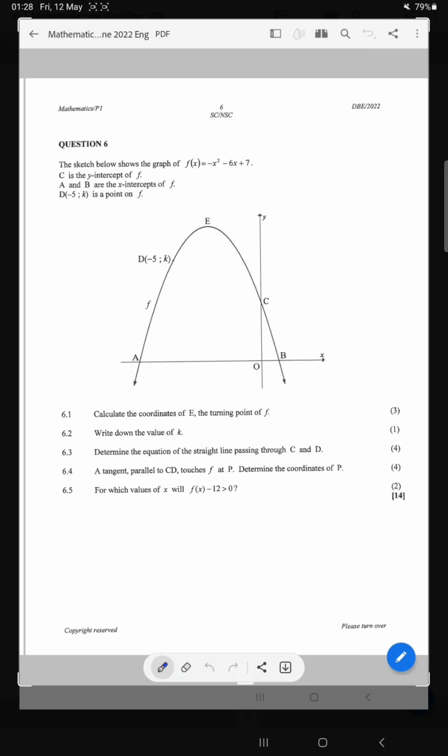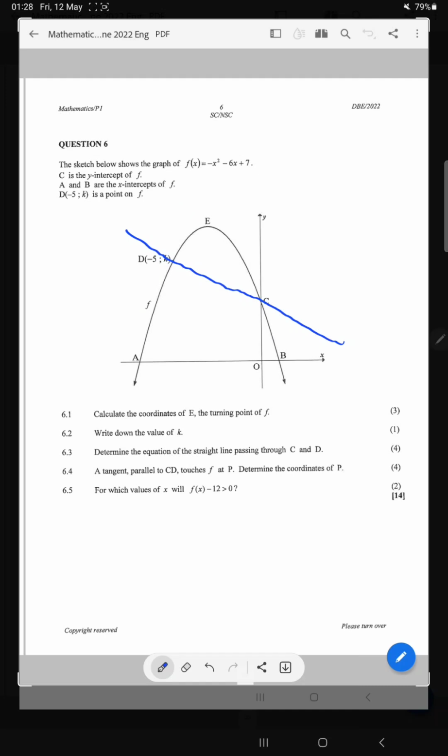Question 6.4 says a tangent parallel to CD touches f at P. Determine the coordinates of P. Remember, the line CD is going to go through like that. Therefore, if something is parallel, it means the distance between these straight lines is going to be exactly the same.